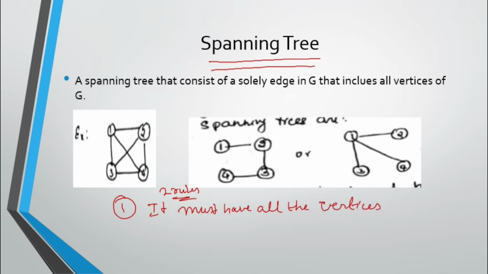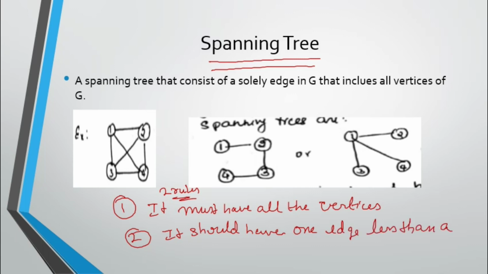Then the second main rule is that it should have one edge less than the number of vertices.